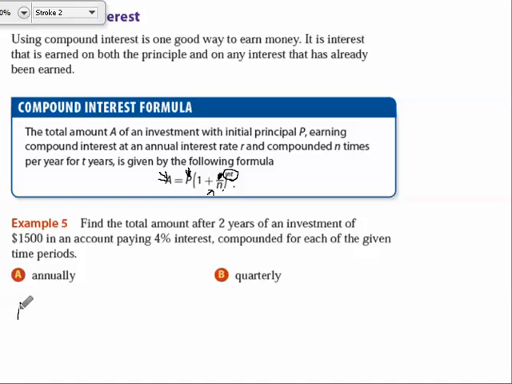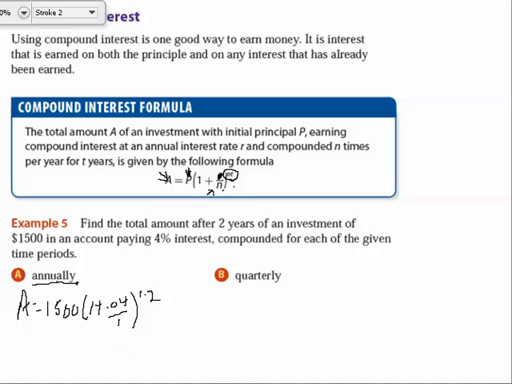So I'm going to say that A is going to be equal to, and we're compounding it annually, right? $1,500 times 1 plus 0.04 divided by 1, because we're compounding it annually, once per year, raised to the 1 times 2 power.